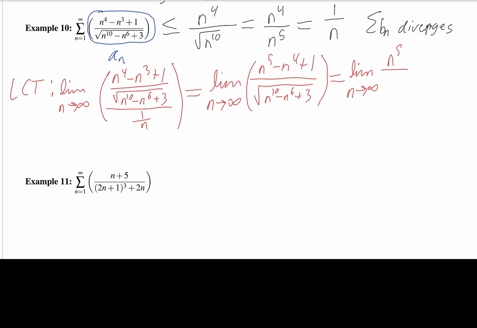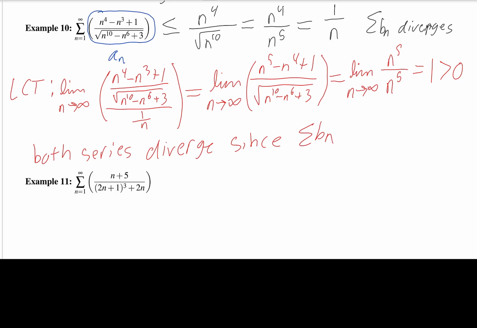On bottom, we'll have n to the 10th, and so the square root of n to the 10th will give us n to the 5th. So this is 1, which is greater than 0. Which tells me that both series diverge since the b sub n series diverges.